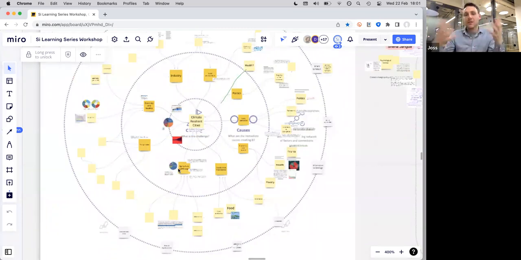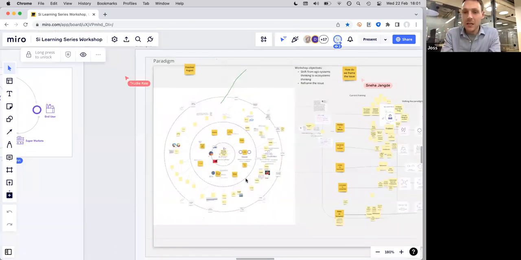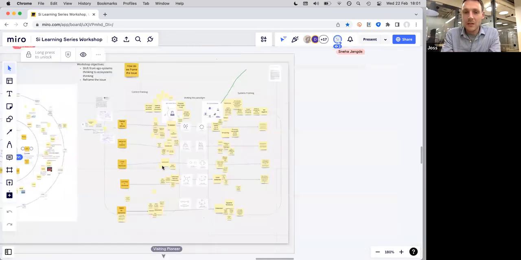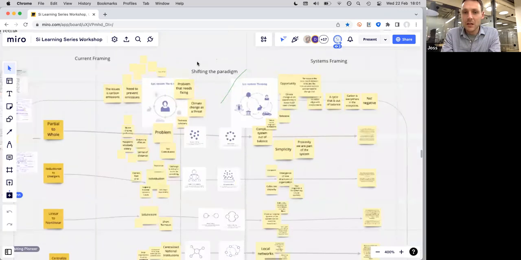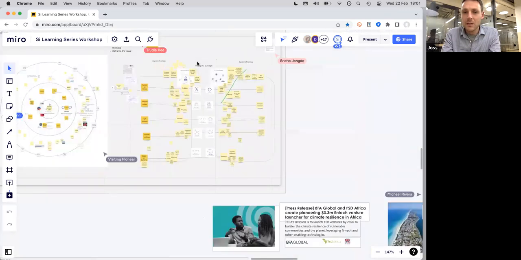It's actually a bit of a mind map, initial throwing ideas up there to see what the different factors are, and thinking about how to change the paradigm from a more traditional one to a systems one, and we produced a little paper on that. You'll find it on the website.